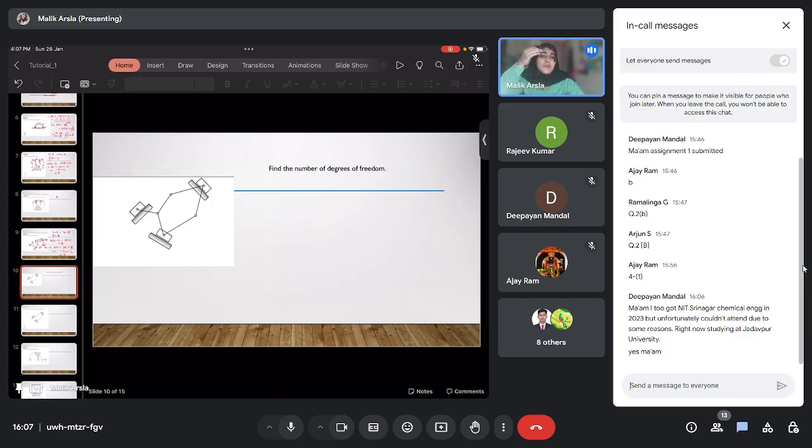So please try this question, and if you're struggling or you have any doubt while solving, you can ask. That is the purpose of this session. If during solving you have any sort of doubt, you can ask me.